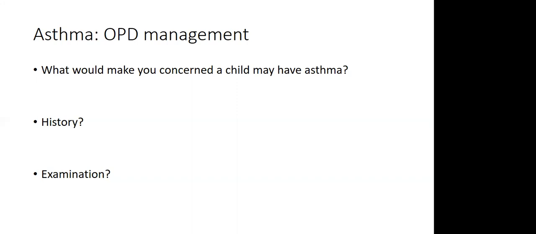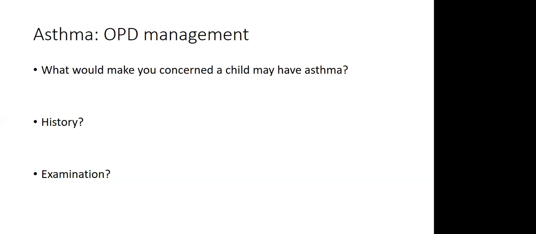On examination, sometimes the person might be wheezing. Very good. Chest wall injury. Okay, chest wall injury, yeah. What about if they've had asthma for a long time and they've not been taking any treatments?